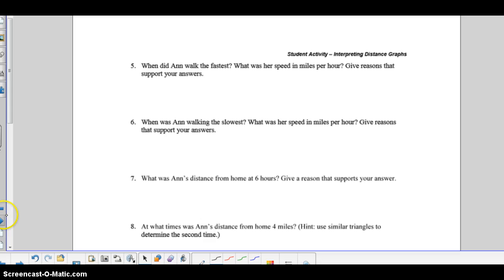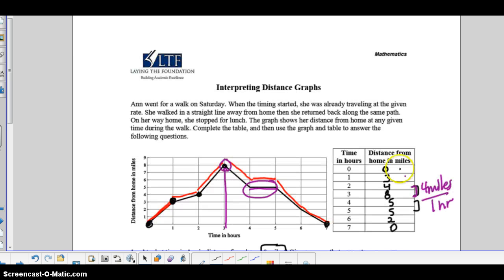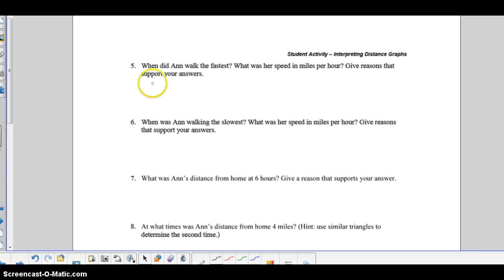So it says, when did she walk the fastest? Well, that occurred from 2 to 3 hours into her trip. Her speed would have been 4 miles in 1 hour, which is actually 4 miles per hour.